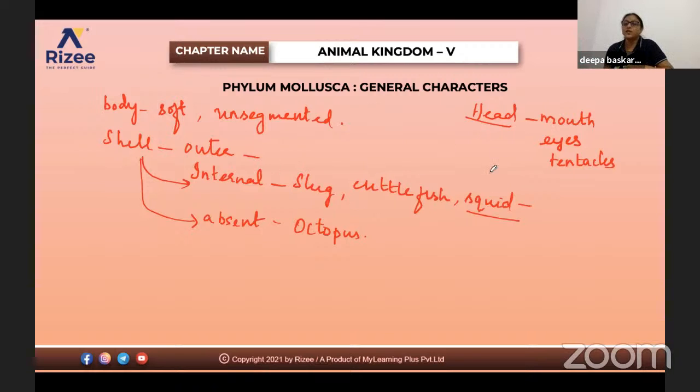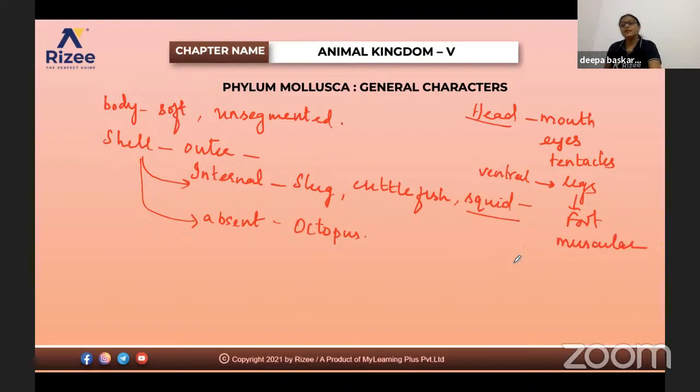So on the ventral side of mollusks, they have legs. Mostly these are the locomotory organs, and these legs, the foot, are muscular in nature.